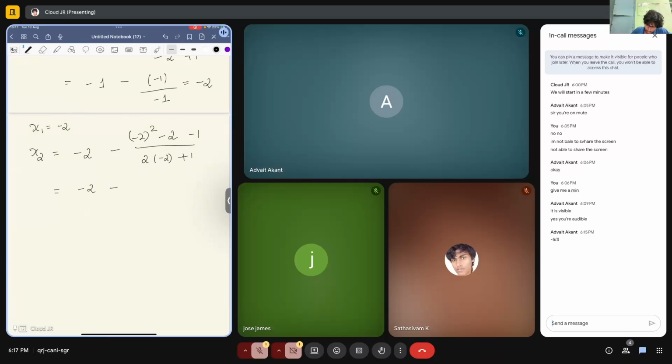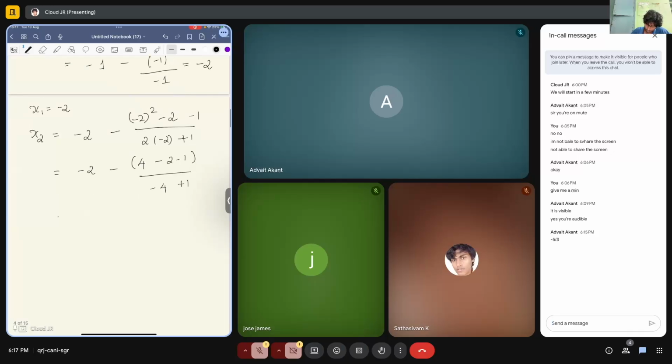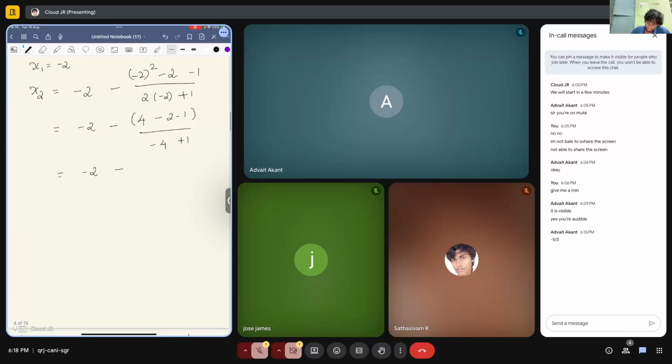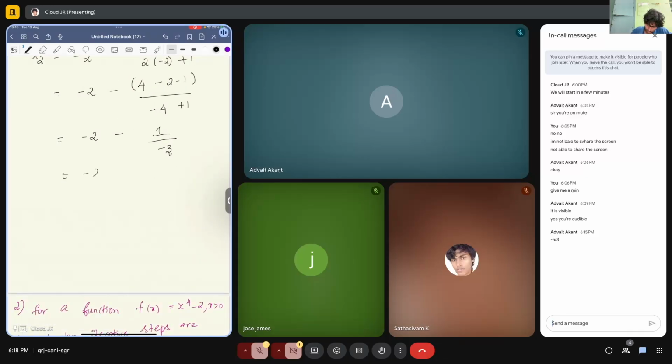This will be minus 2 minus that is 4 minus 2 minus 1, over minus 4 plus 1, minus 2 minus, so this is 1 by minus 3. So this is minus 2 plus 1 by 3. No, is it minus 2 plus 1 by 3 or minus 1 by 3?